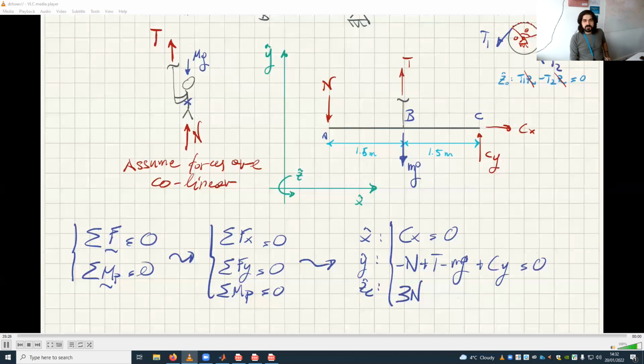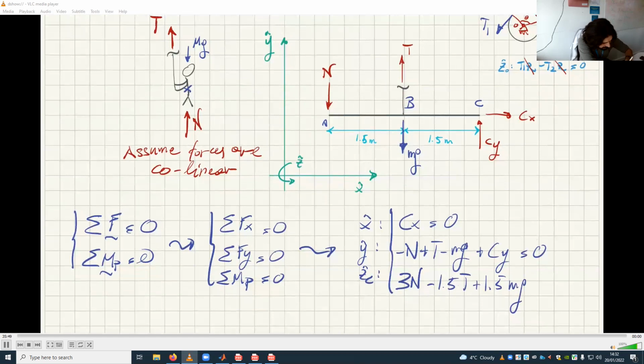And what about T? Is T positive or negative? Negative moment. So it's minus T times 1.5. So minus 1.5 times T plus 1.5 Mg, of course. And then that's it. There is nothing else.